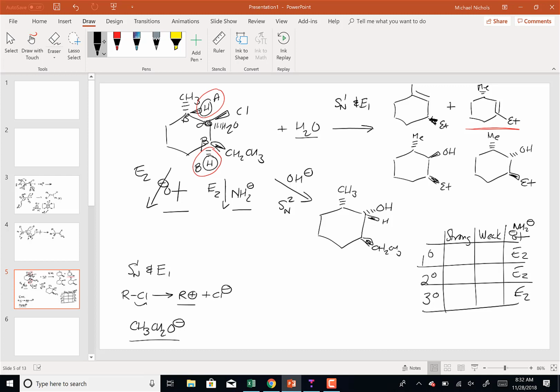Okay. So we have to slip that extra step in of determining which hydrogens can be removed, because if only one hydrogen can be removed, I don't have to worry about, well, which one is less sterically hindered. It doesn't matter because only one hydrogen can be removed.